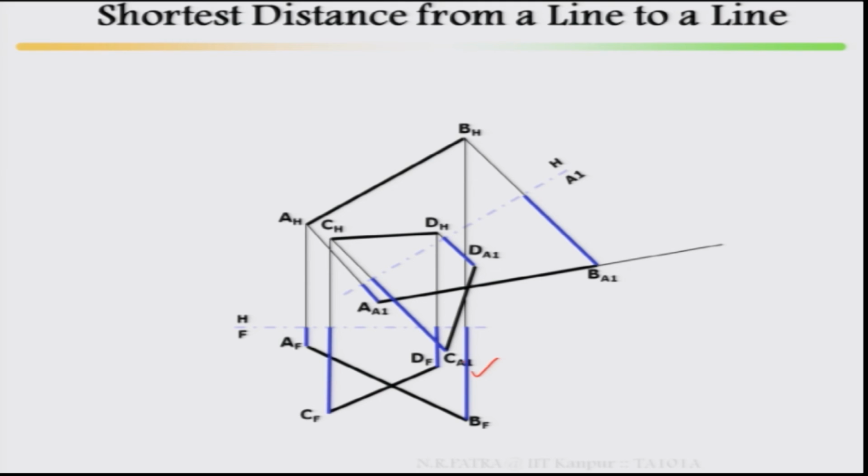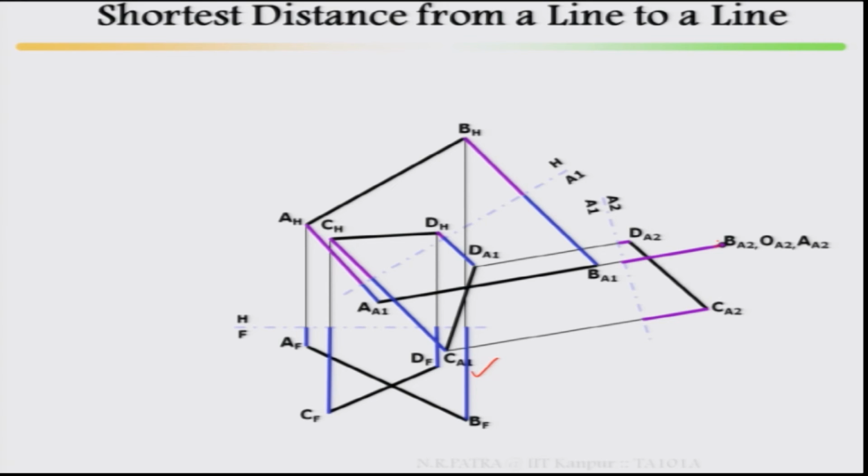Then this line has an edge view, another auxiliary plane you take, this line true length, edge view, this is a point view, then this line again you project it back, join it, then from that line draw a perpendicular.